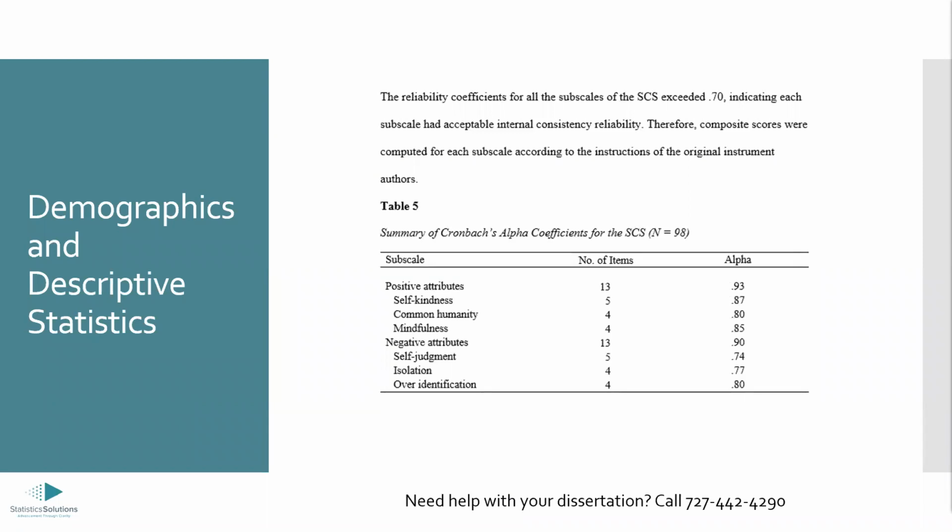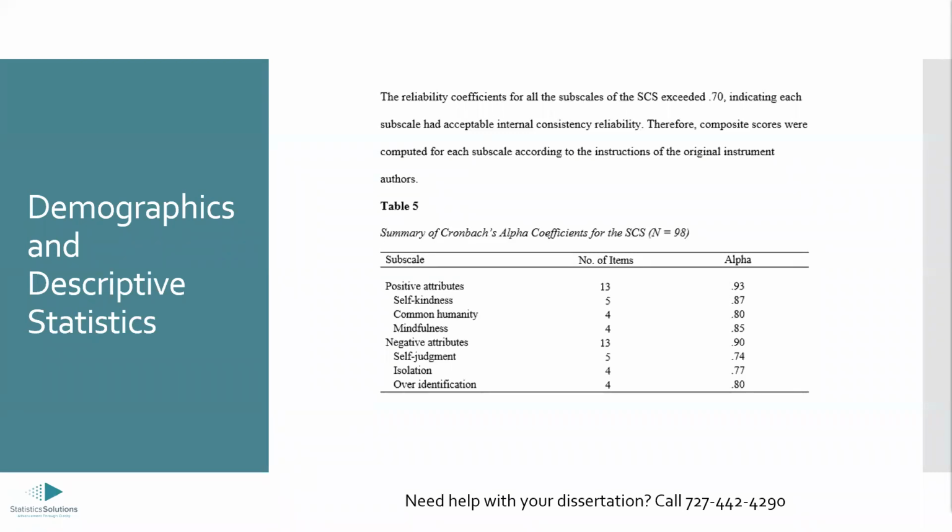And then here we see an example of how you may report reliability coefficients, or Cronbach's alphas. So we have a table that shows the Cronbach's alpha coefficients for some different variables in our study, and we have a little bit of narrative explanation, just talking about the Cronbach's alphas.